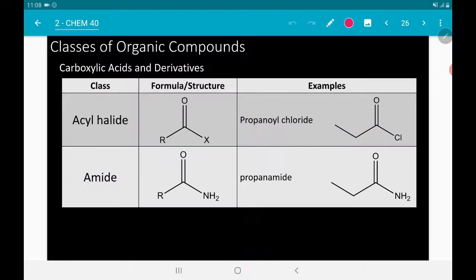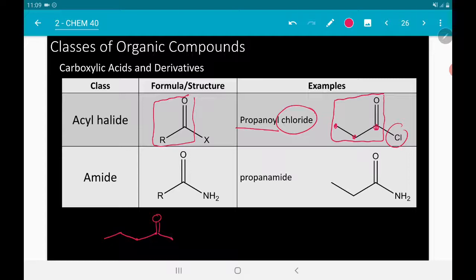Okay? So, next is an acyl halide. So, ganun din, because it contains an acyl group. Okay? So, for example, this is a propanoyl group because it's an acyl group which contains 3 carbons. So propanoyl, and this is a chloride. Ayan. Madali lang. Okay? So another example. Cl, lagyan natin ng substituent.